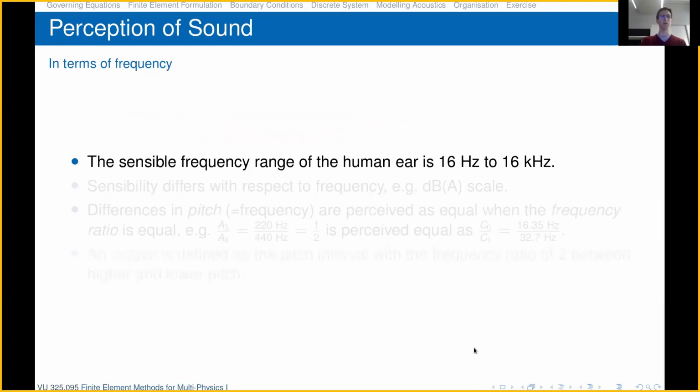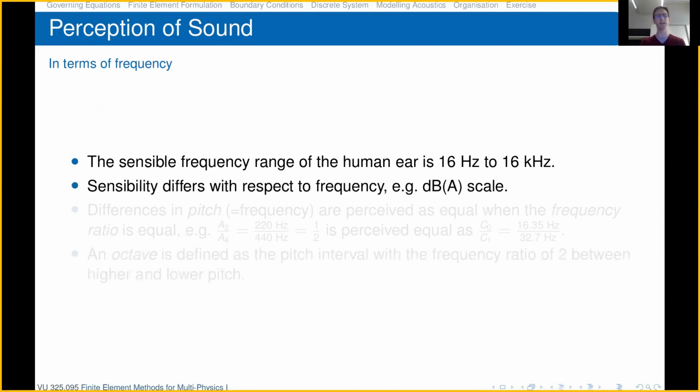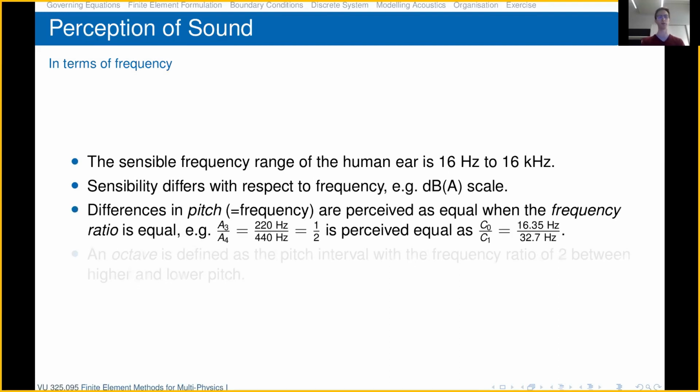We can also perceive sound in terms of frequency. This is called the pitch. Here we have a sensible frequency range for the human ear between 16 hertz and 16 kilohertz. And the sensitivity actually differs with respect to the frequency. This is why the dBA scale, for example, is introduced. How do we now perceive differences in pitch?